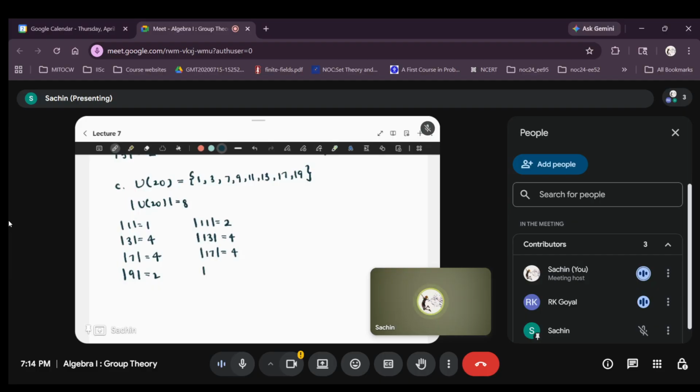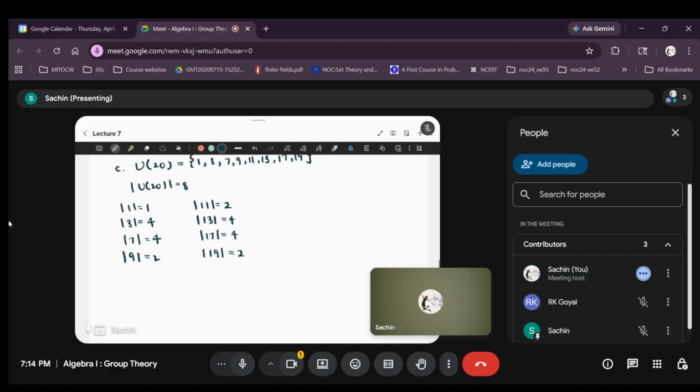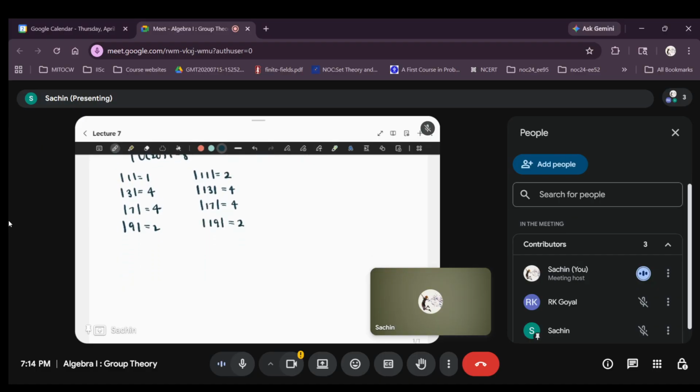It's 361, I think. That is just a drill problem to understand order of a group and order of an element.